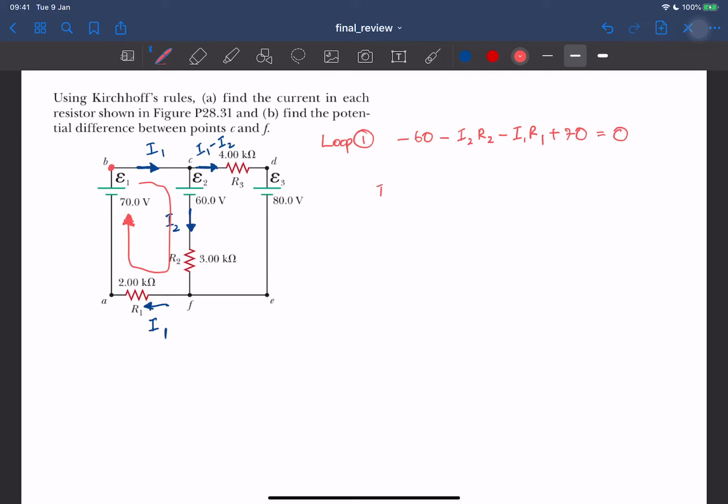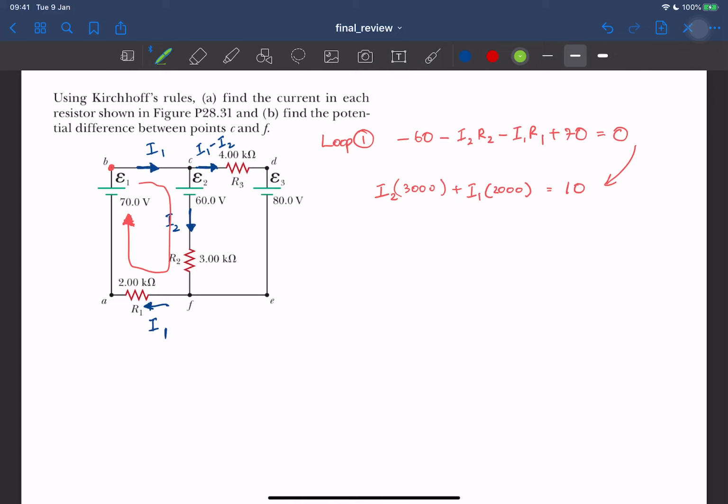So you get I2 times R2, which is 3000, and then I'm going to flip it so that it becomes plus. This equals 10. So this equation is just the same equation that I have here, but I put in the numbers and then rearranged a little bit. Hopefully you don't get confused by this.